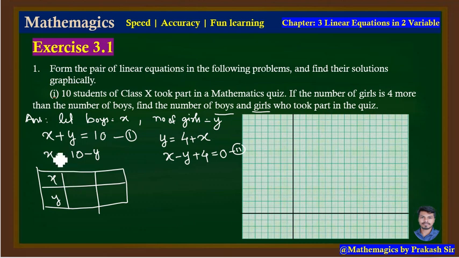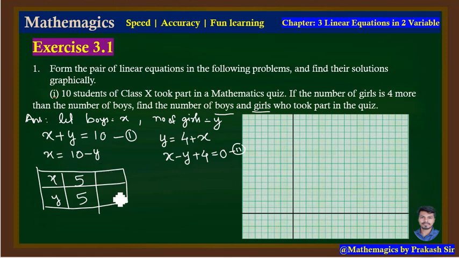So here if I take y equal to 5, then x is also going to be equal to 5. If we take a different observation, the answer may be very big. Suppose I take y equal to 1, then 10 minus 1 becomes 9. So the graph would also have to be bigger. That's why we are taking the medium values.